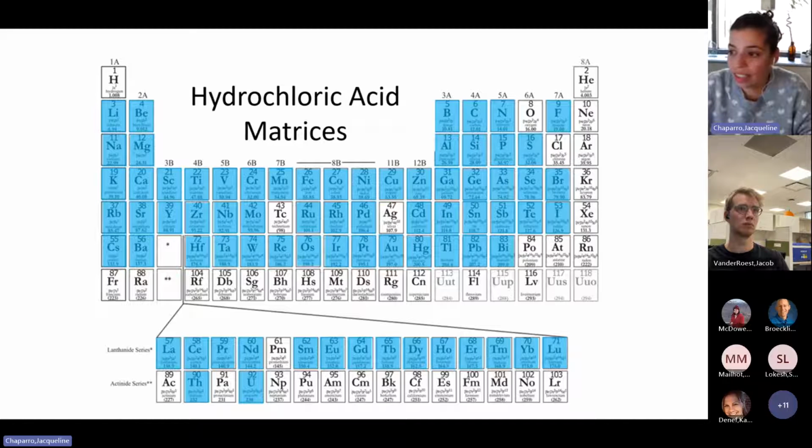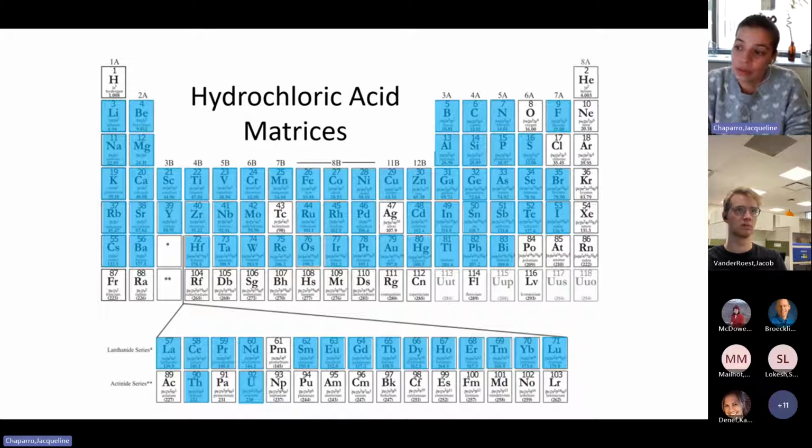Hydrochloric acid matrices are definitely good, as hydrochloric acid is really good at solubilizing and keeping these elements dissolved in solution. But remember when we were talking about polyatomic interferences, a lot of these elements form complexes with chlorine, so we want to minimize the amount of chlorine in there to avoid those interferences.